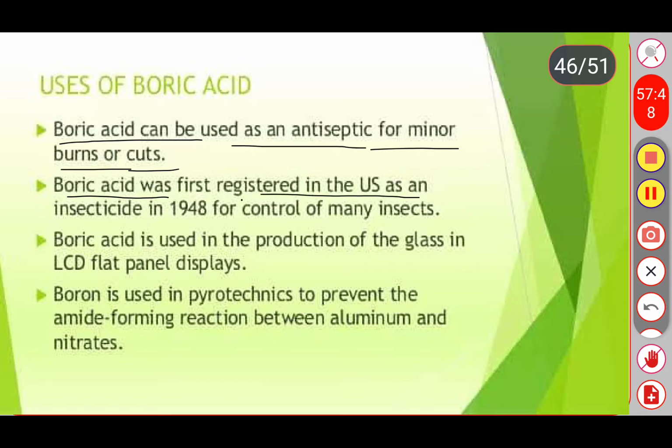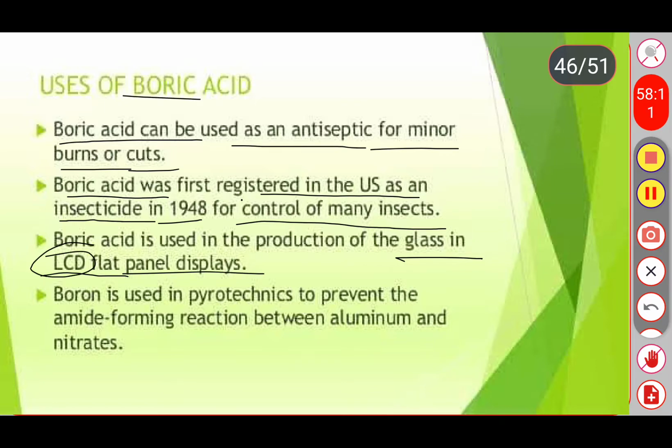Boric acid is used in the production of glass in LED flat panel displays. So in LEDs we are using boric acid. Next one, boric acid is used in pyrotechnics to prevent the amide forming reaction between the ammonium and nitrates.